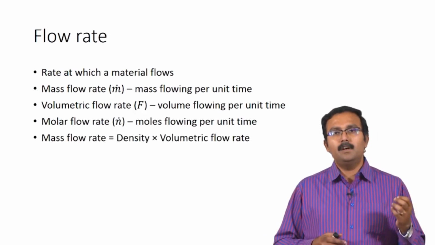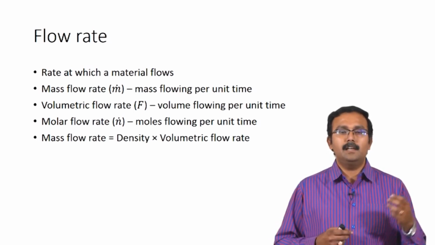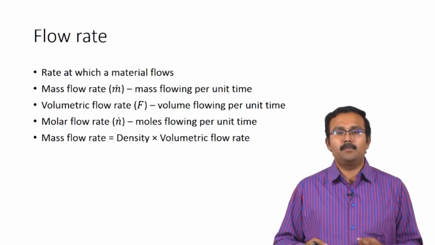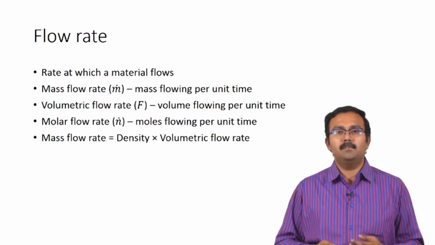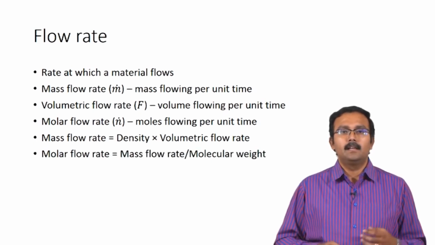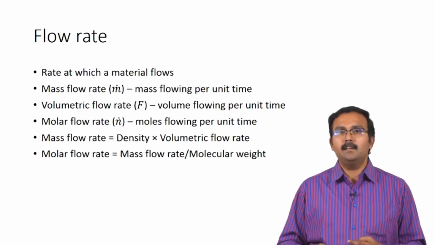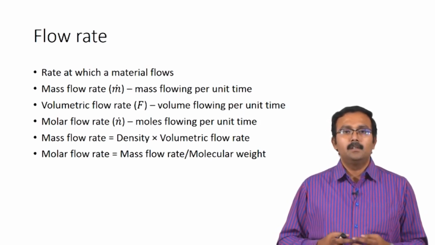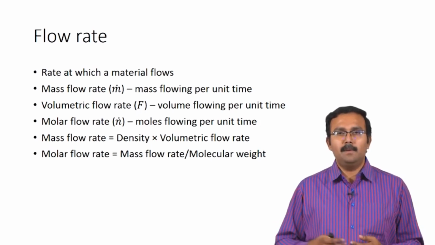Just like how you convert mass and volume between each other, you can convert mass flow rate to volumetric flow rate using density. So, mass flow rate is equal to density times volumetric flow rate. You can also convert molar flow rate and mass flow rate between each other using molecular weight. Molar flow rate would be equal to mass flow rate divided by molecular weight.